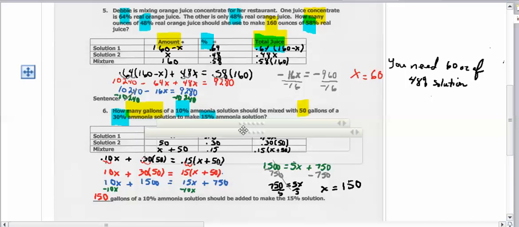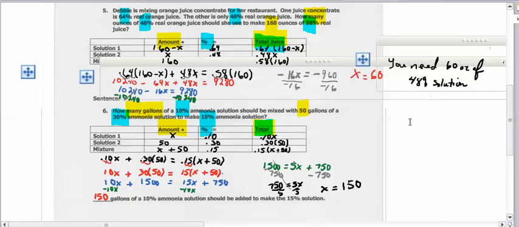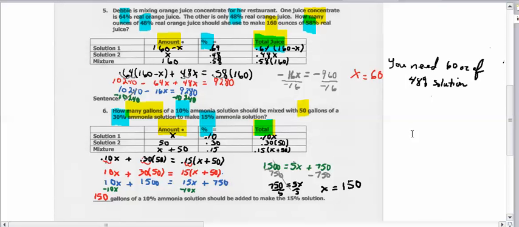Okay, so I couldn't get back to 2 and 3, but let's look at 5. So there is the answer for 5. You need 60 ounces of a 48% solution, and if you're not sure how I got the answer, then stop and see if you can figure it out.